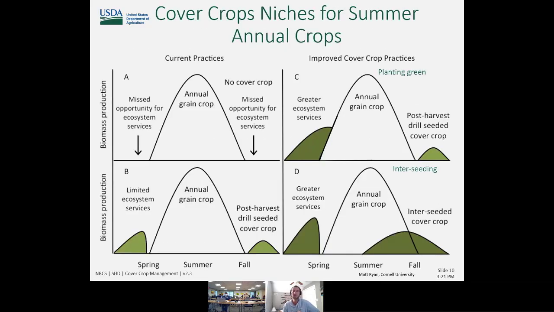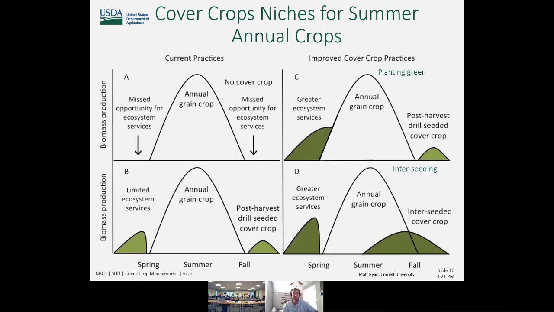So we're going to take a look here at some different niches for summer annual crops. Of course, the majority of the nation has a summer annual grain crop. And as you learned in the earlier modules about ecological management and soil biology, we need to provide opportunities for that newfound livestock that every producer now has. We may have just been working with vegetable producers, row crop producers, grazing producers, or diverse operations that had both.